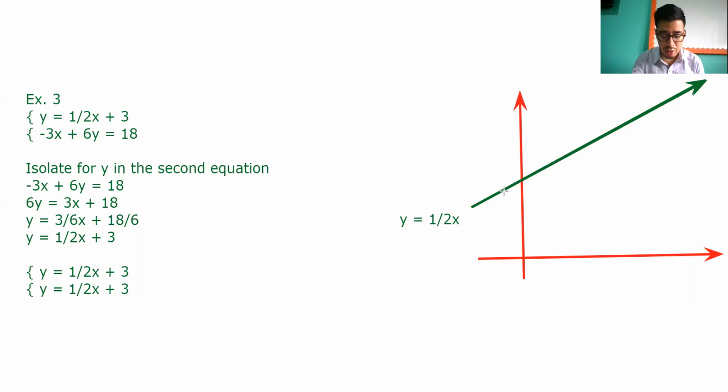For example, on the grid, you can say one point that is 2 for x and 4 for y. It could be a solution. The other one that is 4 for x and 5 for y, it could be any other solution. Any point from here relating x and y could be a solution because they are touching in all the points.